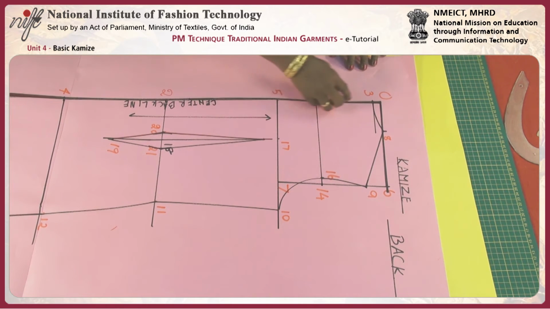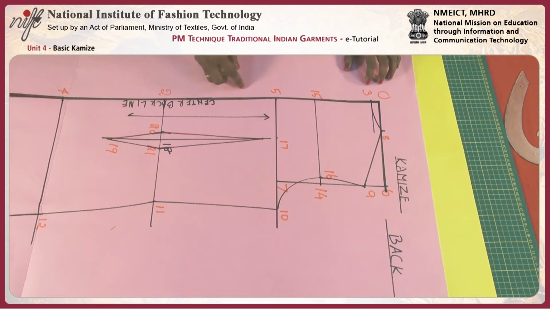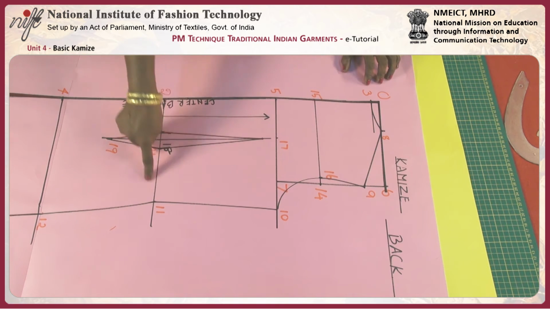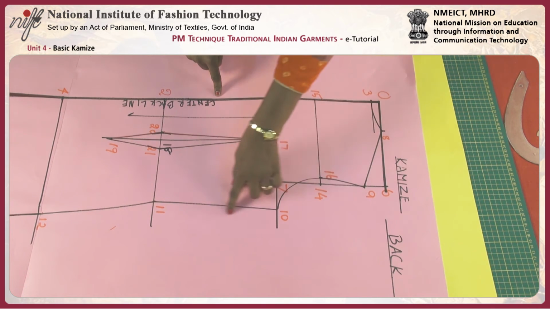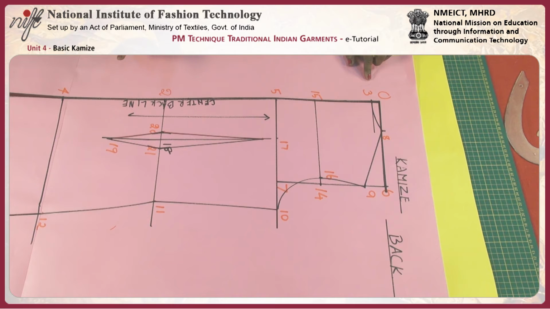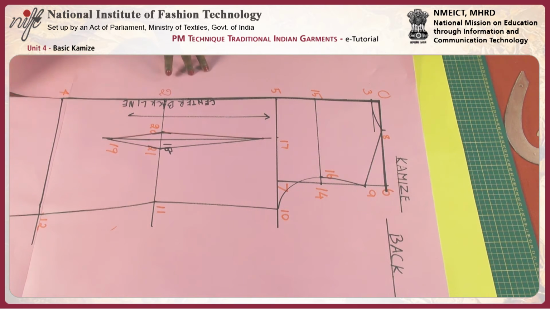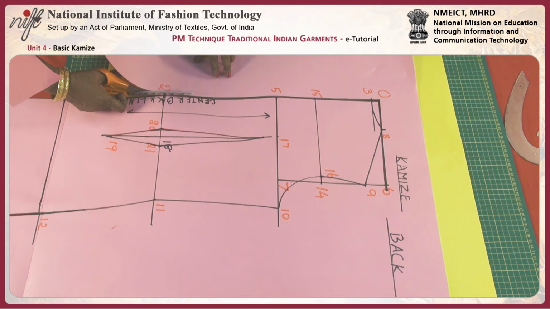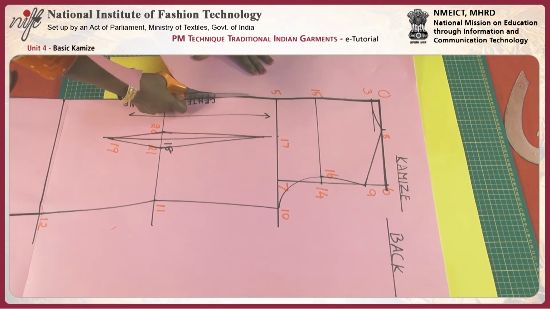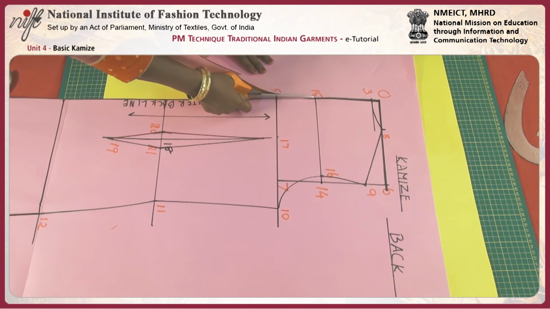The same thing to be continued till the shoulder also. But we didn't have any dart on the outline of the pattern, so it is not necessary to true the darts. So we are going to continue the cutting at the outline of the pattern. All the outline is going to be cut.